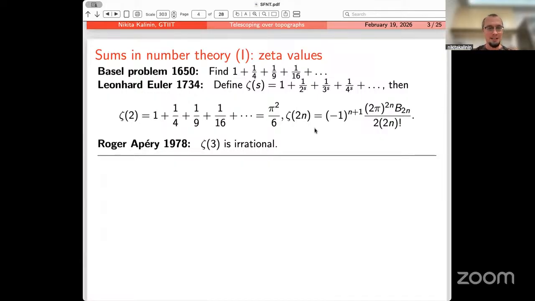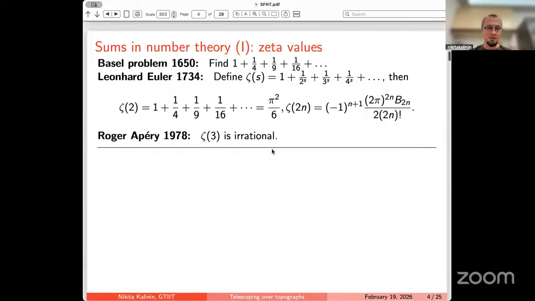Well, anyway, and still, even now, that's an area of research, because only recently it was proven that zeta of 3 is irrational. And I think it's not known about zeta of 5, whether it's rational or not. So still, this classical subject is very much alive.